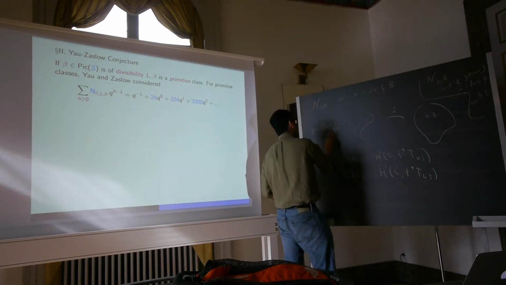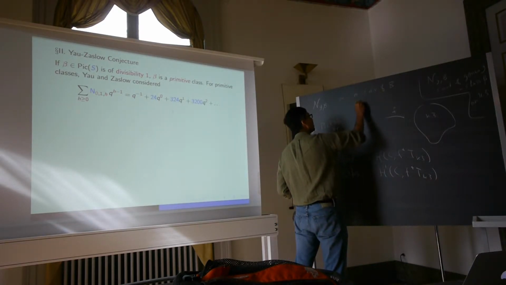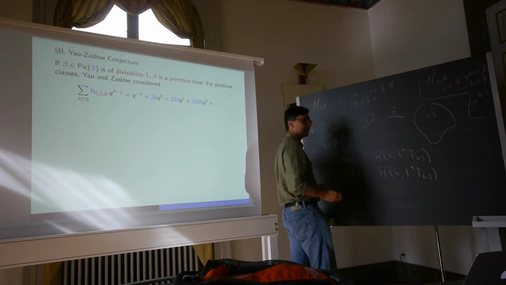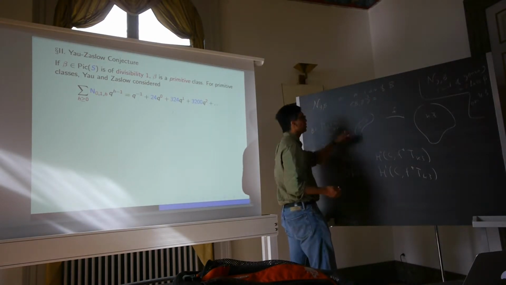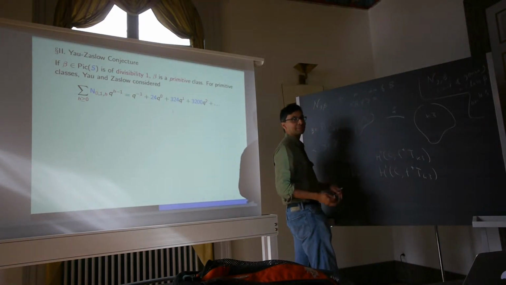And this lattice has an intersection form, the surface intersection form, which is in Z. It's a fact about K3 surfaces that the intersection form is even. So if I take the self-intersection, the answer is an even number.